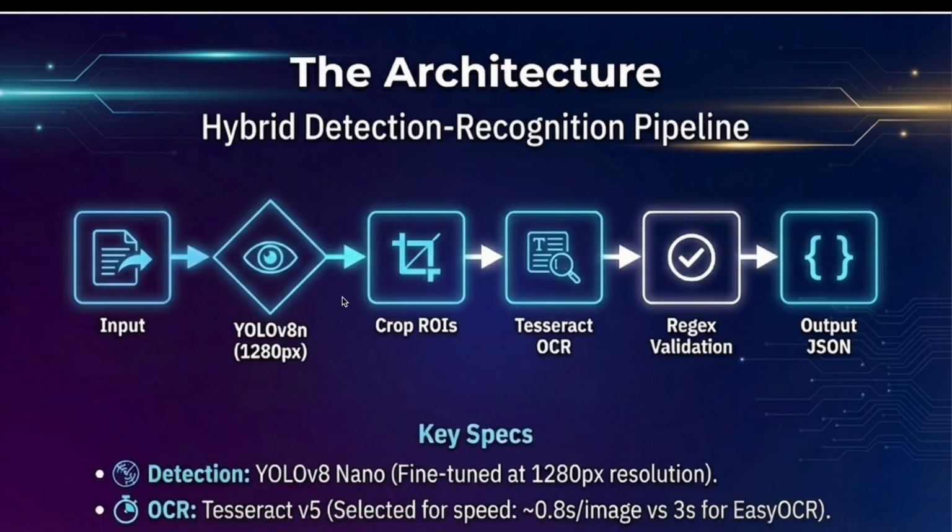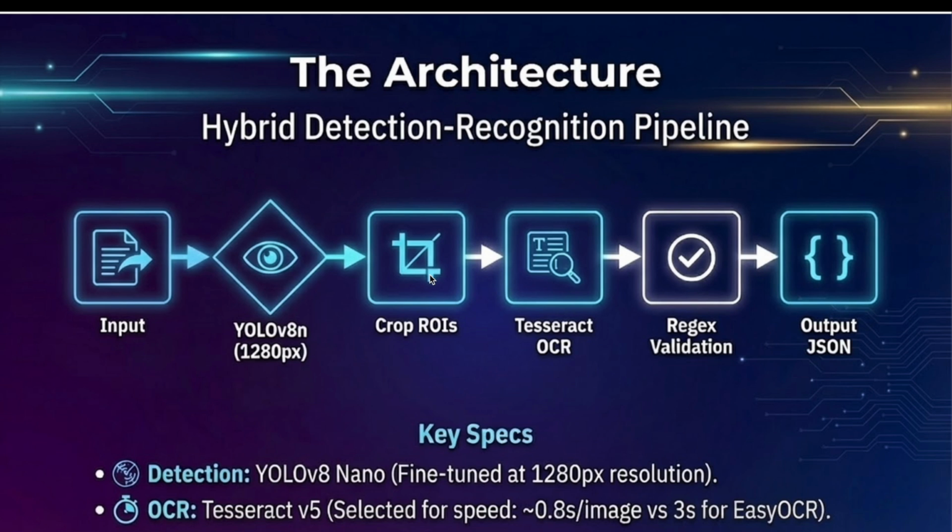Here is the complete hybrid detection recognition pipeline. It starts with an input receipt image, which flows to YOLO V8 Nano, our object detection model, running at 1280 pixel resolution. This high resolution is critical for preserving small text features on receipts. YOLO detects where the vendor, date, and total fields are located.